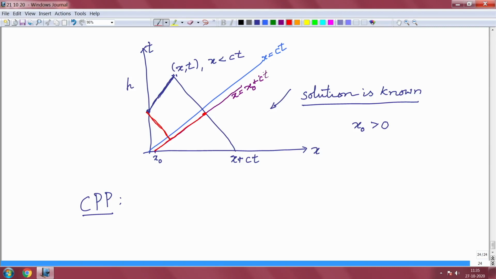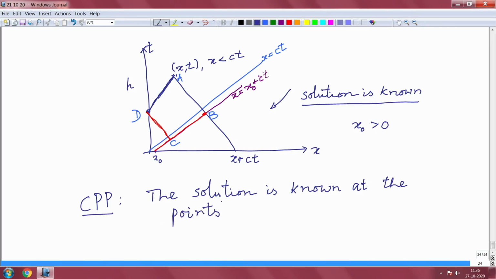It does not look like a parallelogram, but you can just say this is A, this is B, this is C, this is D. The solution is known at the points B, C, D.